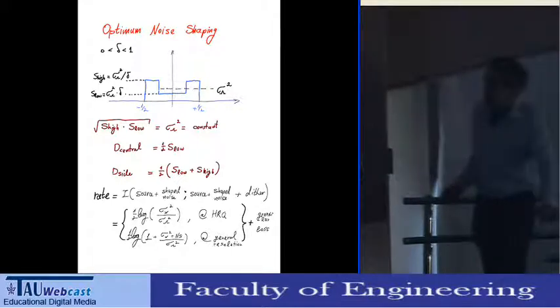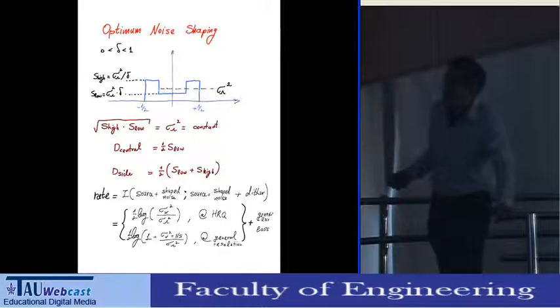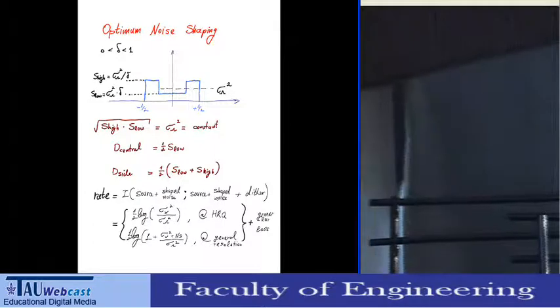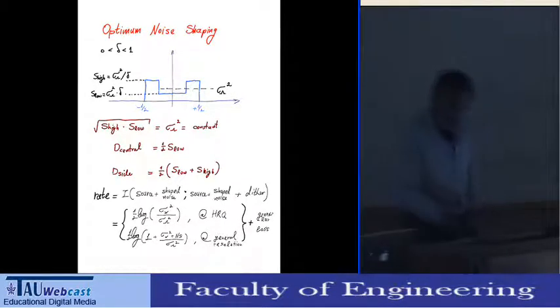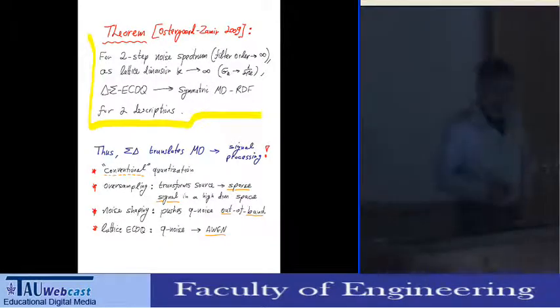The rate, as I said, is given by a mutual information formula, which at high resolution is half log of the variance of the source divided by the variance of the quantizer. At non-high resolution conditions, the formula is a little bit different. But in any case, this allows me to do a computation, and we get to the main result, which is maybe surprising.